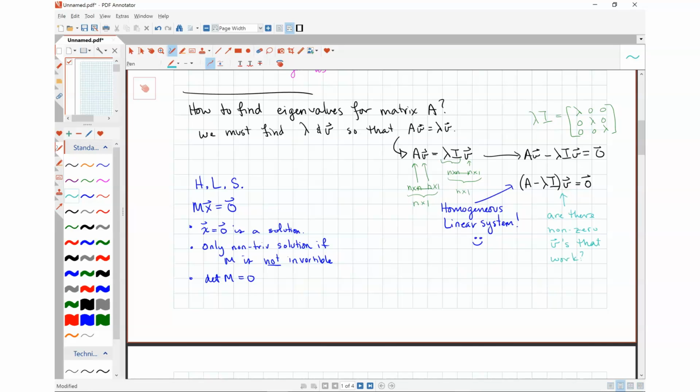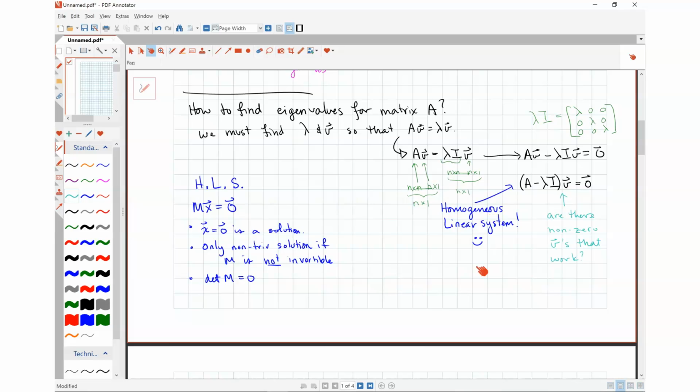And so we're looking for non-trivial solutions to that (A minus lambda I) times v equals 0. So our strategy for computing the eigenvalues is going to be to take that coefficient matrix, which I wrote as M over here, but over here it's this whole matrix A minus lambda I. We're going to take that and set its determinant equal to 0.